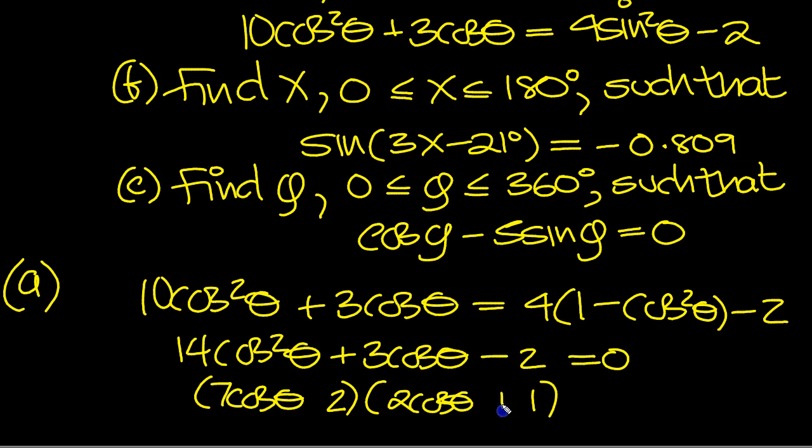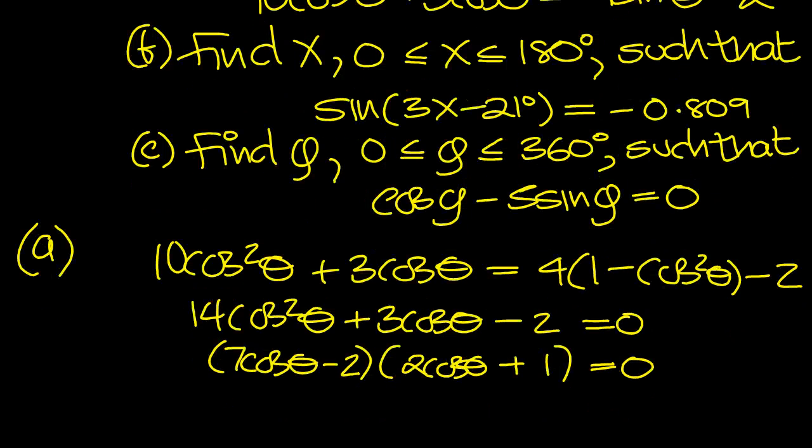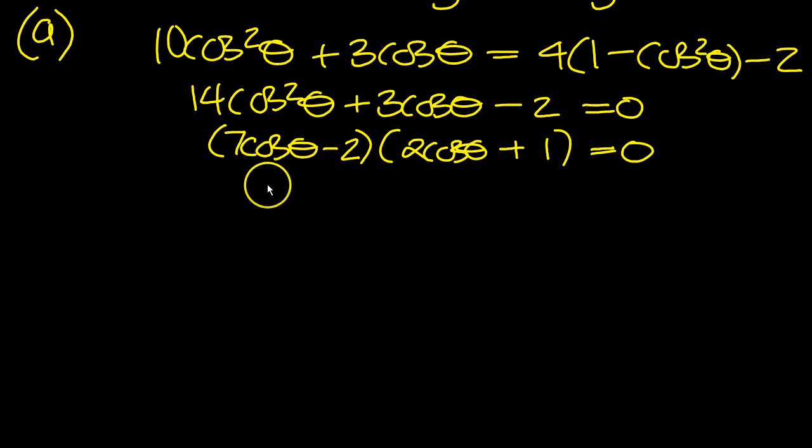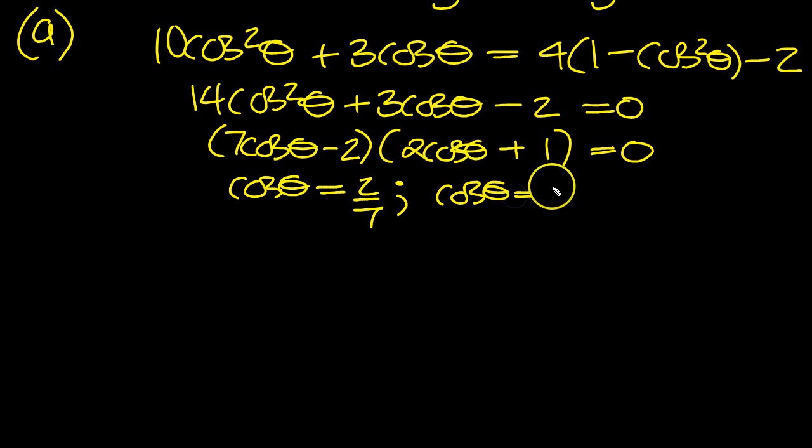So this would be plus, this would be minus, equals 0. So what have we got then here? The first one, cos theta will equal, this would be 2 over 7. And this one is cosine theta equals minus a half. So two possible solutions, let's look at them both.